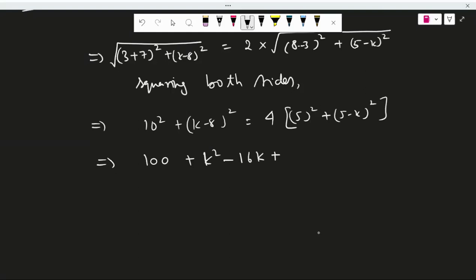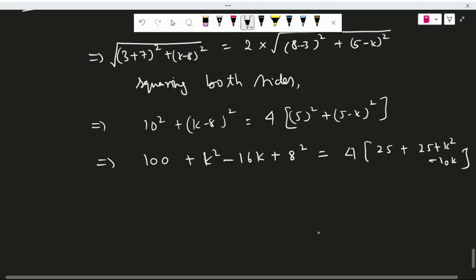On the right, 4 into 5 square is 25 plus (5 minus k) square, that is 25 plus k square minus 10k.